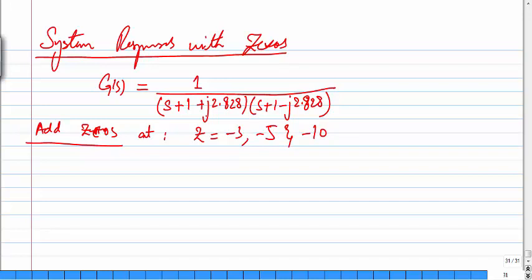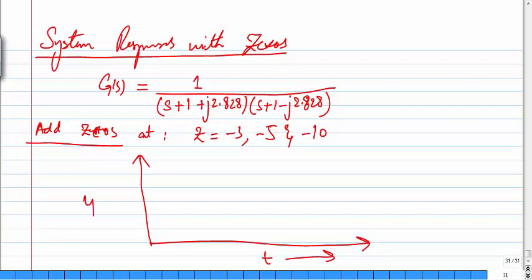If I give a step input to this system, the interesting thing is that when we add a zero to the system, it doesn't affect much. For example, with no zero, the response is something like this, so we call it no zeros.